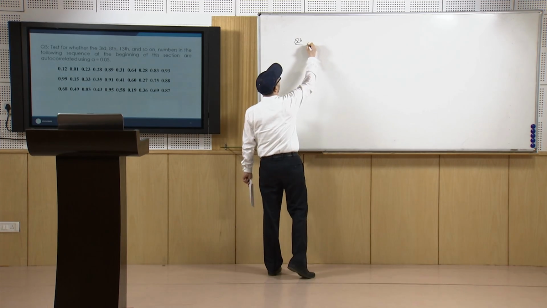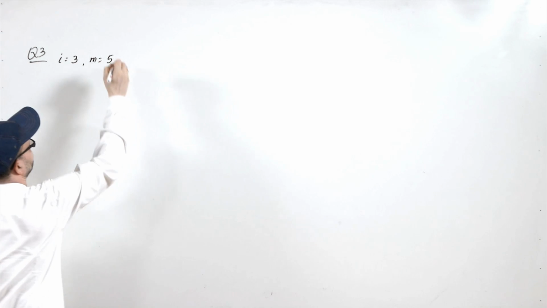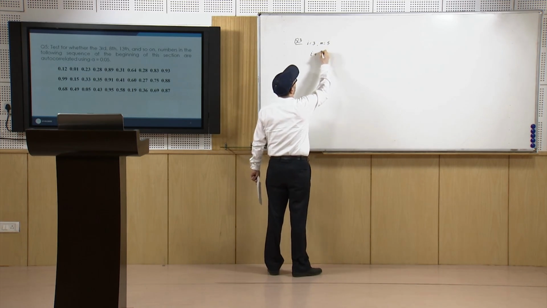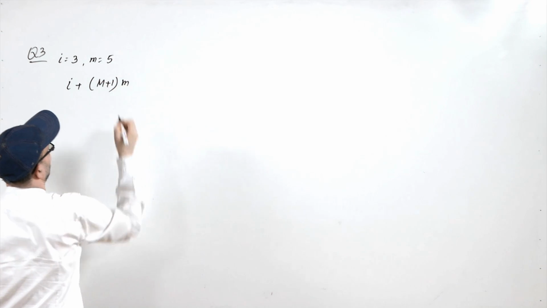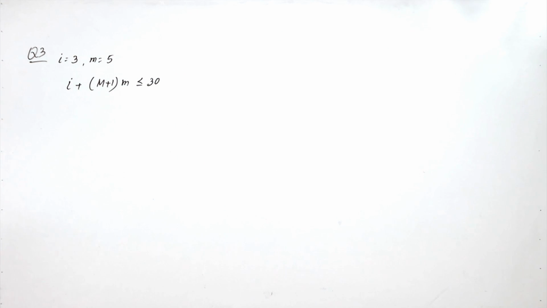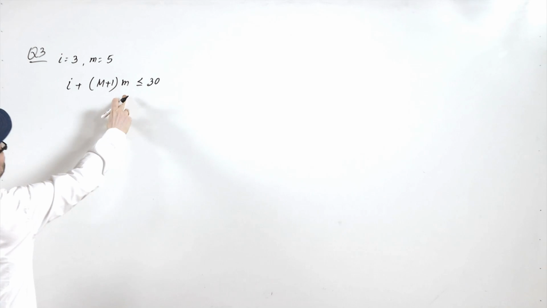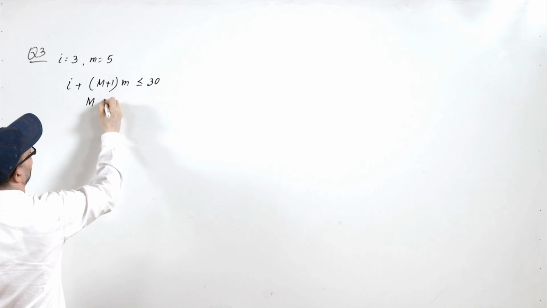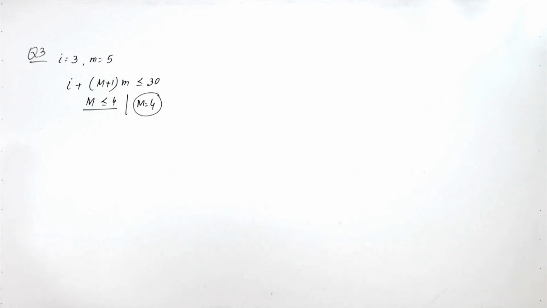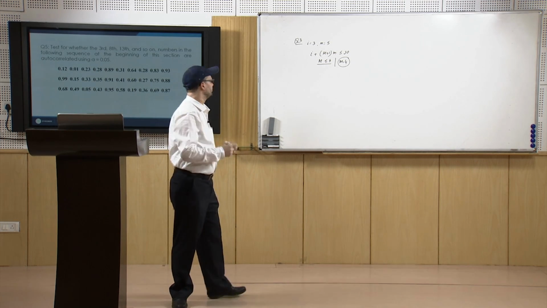The total number of samples N is 30. So, capital M has to be defined such that the condition i plus (M plus 1) m is less than or equal to 30. If you put that in, i is 3, so it will be 27, divided by m, which is 5. So, M has to be less than or equal to 4. M being an integer, you have to take M as 4.